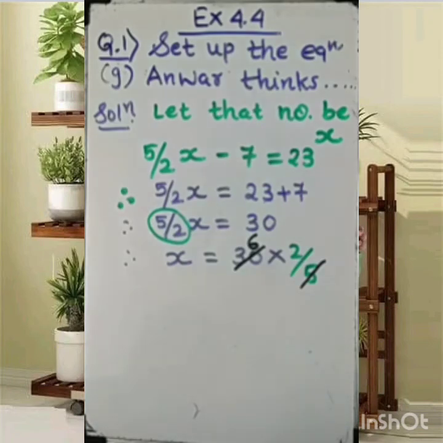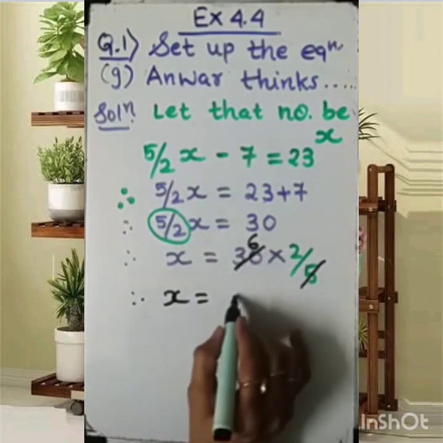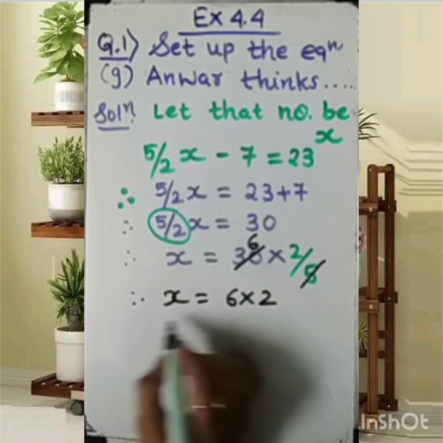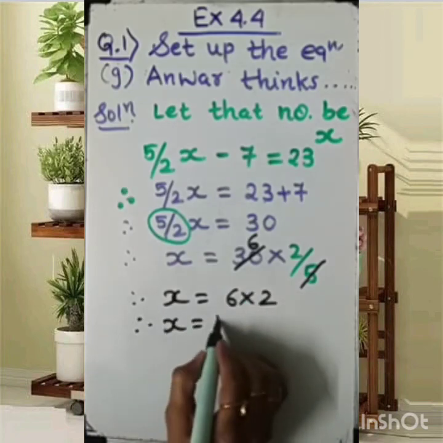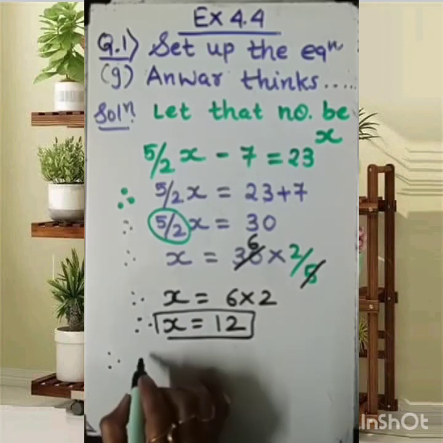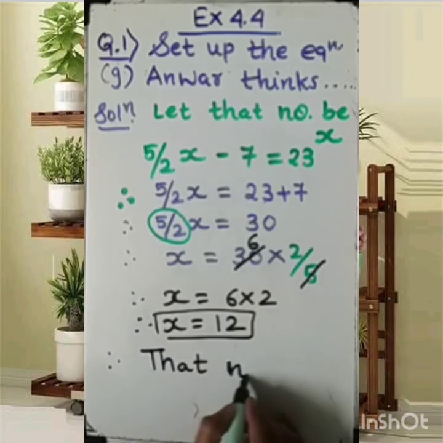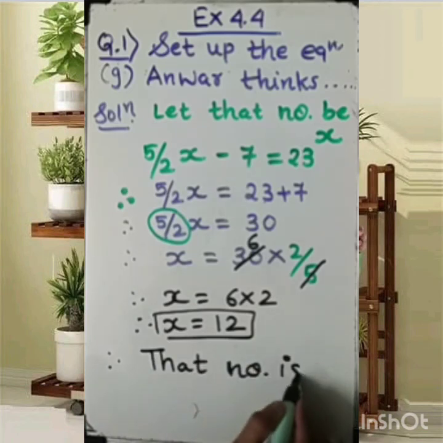Clear? So what is left in the numerator? 6 into 2, that is 12. So my dear student, here we need to write that the number Anwar is thinking about is 12. Okay, that number is 12.